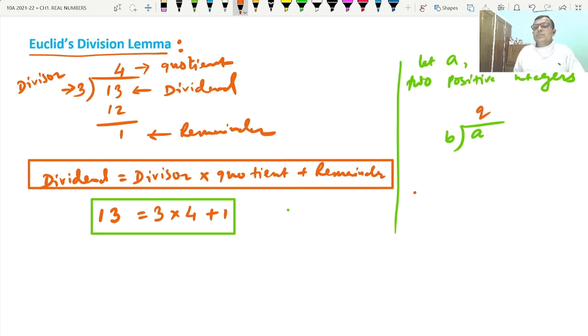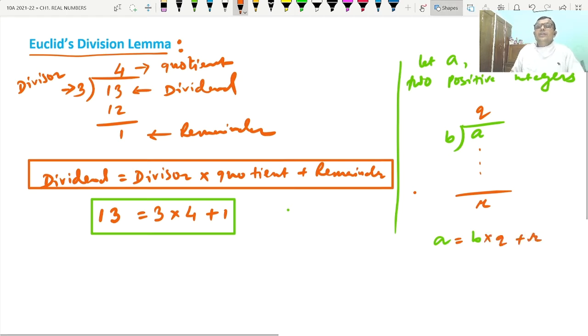Let q be the quotient and r be the remainder. Then we can write a is equal to b into q plus r.